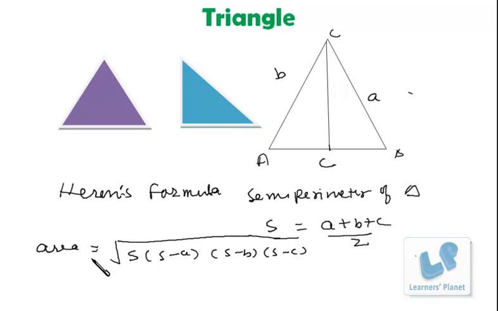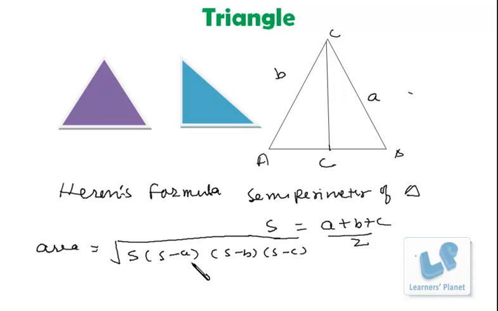Okay, now what we're discussing is the area of a triangle where all the three sides are not equal. If two sides are equal, or all the three sides are equal, the formula will change accordingly. Suppose all the three sides are equal, then the values of b and c will also be the same as a.